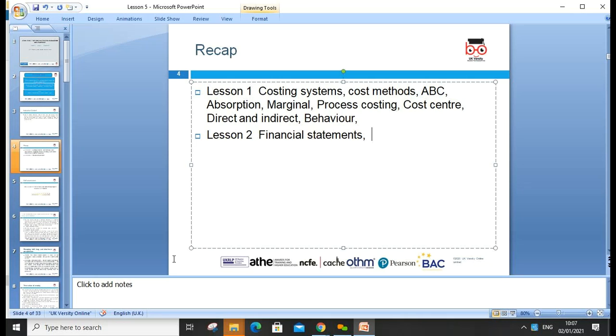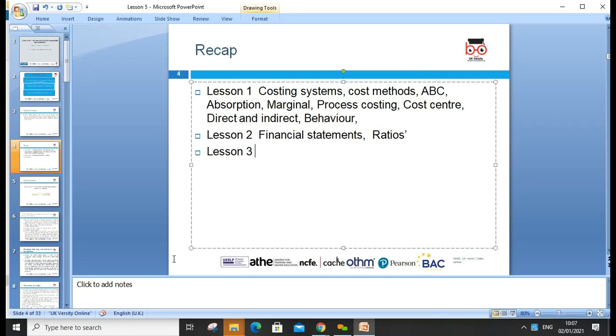We discussed cash flow, the statement of cash flow, the statement of changes in equity, and ratios.